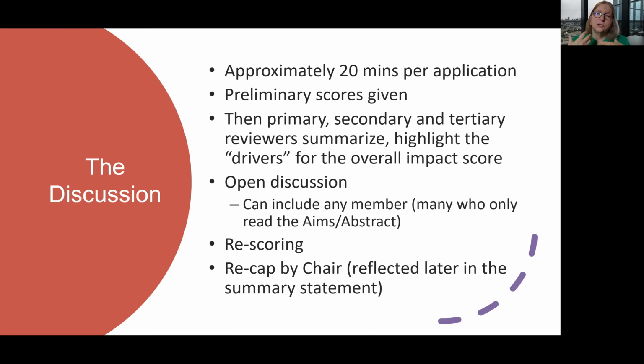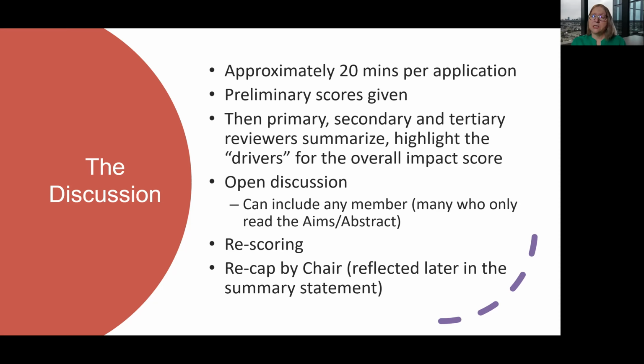And then after the primary reviewers do their discussion, it's open to the whole study section. Now, the whole study section often has only read the abstract or the aims, and that's why, again, we emphasize that those really need to sing, beautifully, because you want people who didn't even read the whole grant to be in a position to say, hey, this is really important, or this is a really cool idea.